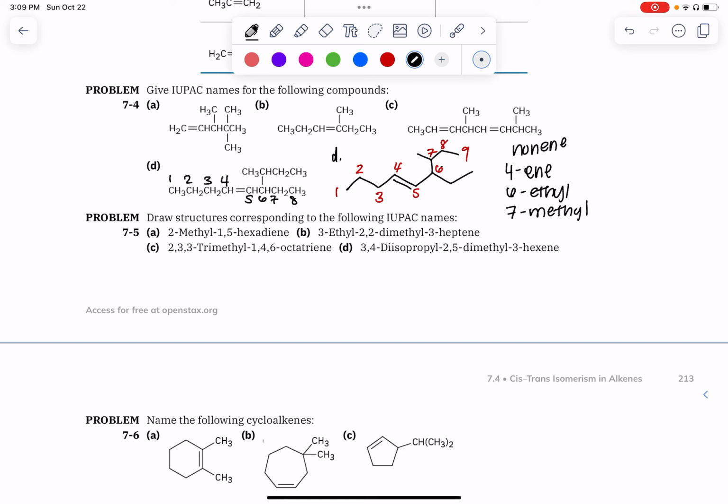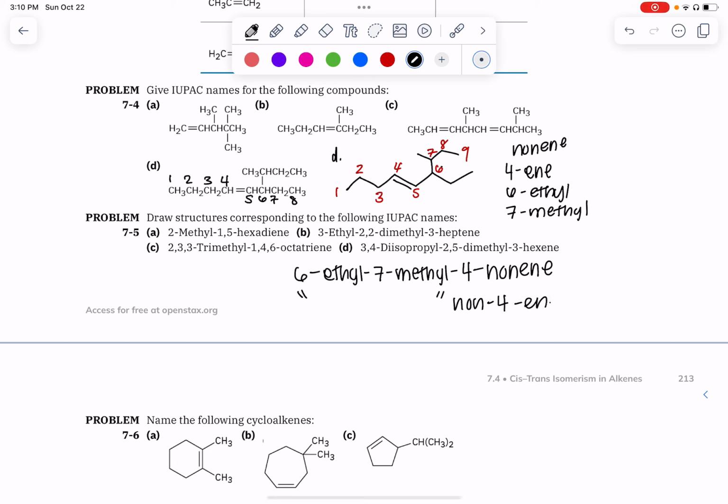We'll put these in alphabetical order. So we'll go 6-ethyl, 7-methyl, and we have 4-nonene, or you could say all of this non-4-ene.